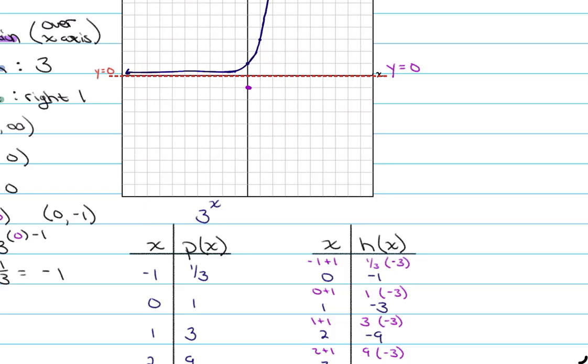And then it bumps over to the right 1. So that is going to be at 1, -3. Okay. Then if we were going to plot the next point, that one's at 2, -9, which is here. Okay. So this one, because we are stretching it, it's going to get really steep really fast, way faster than the other one.